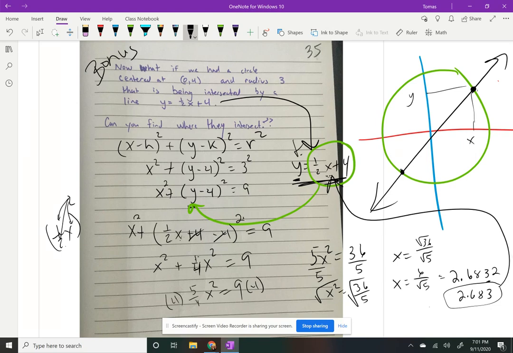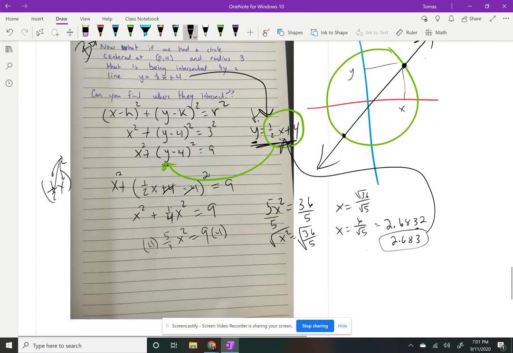And then when I do that, I'm going to plug this right here into that one. So I have y equals 1/2. I'm actually going to plug in this one because I'm going to get more of an exact number. So this is x as well.